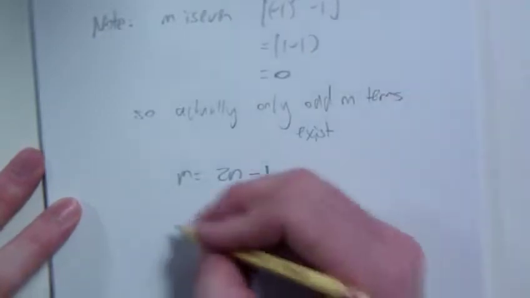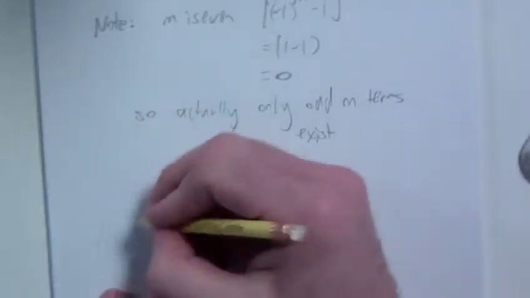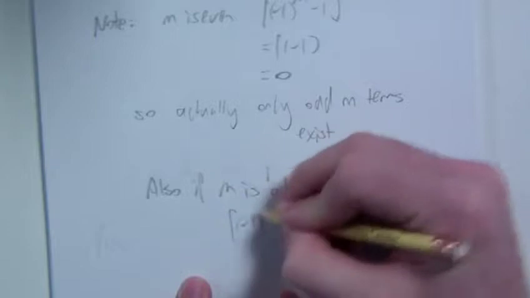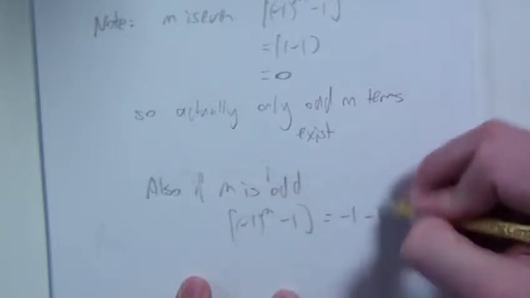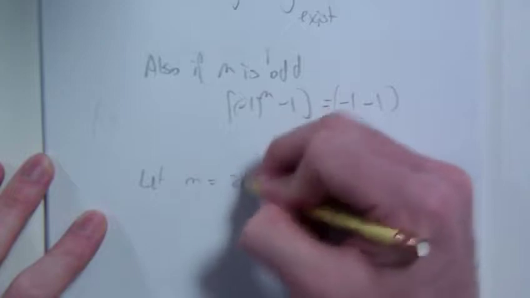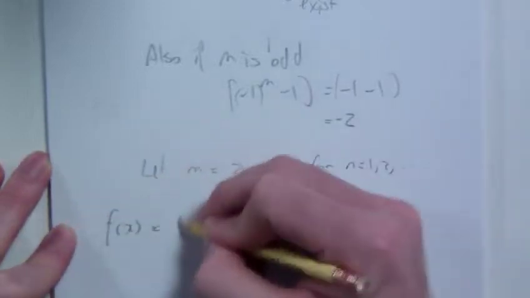And so we'll have that f of x. Also, if m is odd, then minus 1 to the m minus 1 is minus 1 minus 1, which is minus 2. And so we'll actually get, let m be an odd number, and then what we're actually going to get is this.